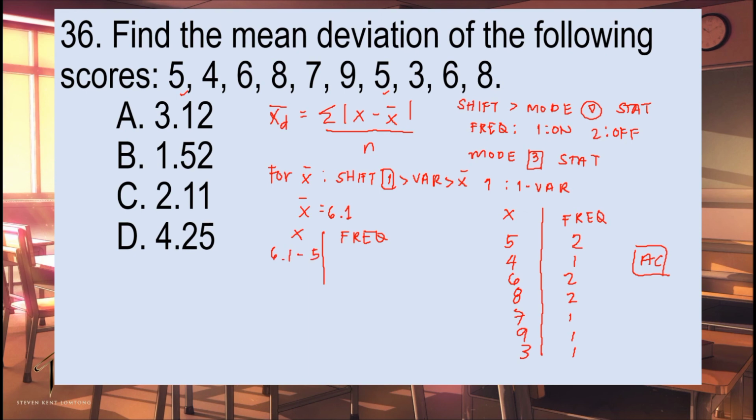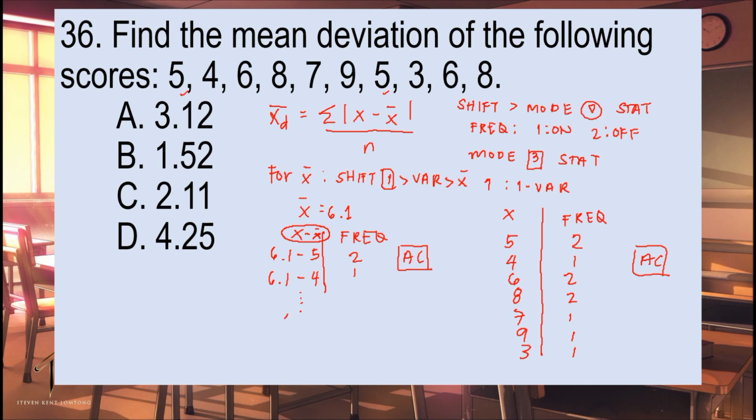Okay, frequency 2, 6.1 minus 4, frequency is 1, and so on and so forth. Okay, so after nyo matapos dyan, easy ulit natin. Okay, then kukunin natin yung summation, diba? So ito, yung nakuha natin dito is x minus x bar na, diba? Ito, yung nasa second table na natin. So para makuha yung summation nila, so that is shift 1 ulit.